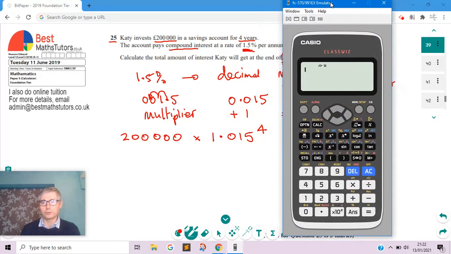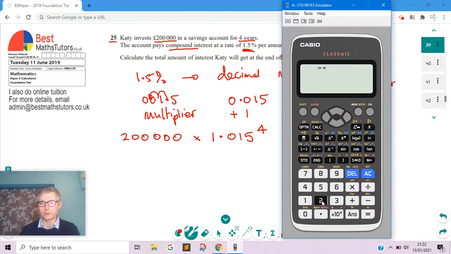So to do that, I put in the £200,000, multiply it by 1.015, and then I put it to the power. To do that, I press this X with a little box there, which gives me a little space to type in the 4, which is the power.